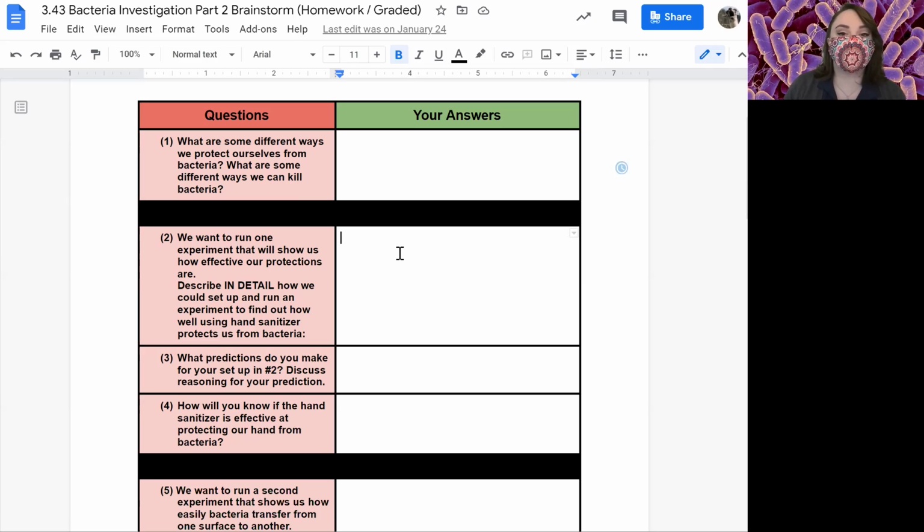Bryce said we can do a before and after. What does that mean? Be more specific.